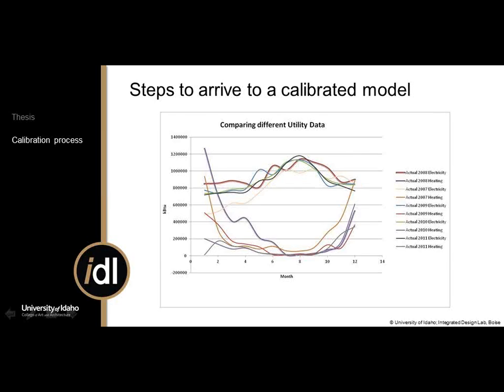So I chose to do 2008, and that was just the beginning of where I believe they tried to do the heat recovery system. Is that right, Marv or Mike? The controls. So yeah, and as you can see, after they put in the controls, there was a reduction in energy use. So that's my target, the dark red line for the electricity and the dark purple line for the gas consumption.